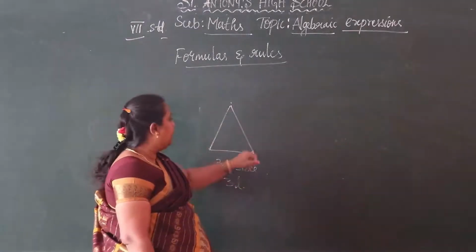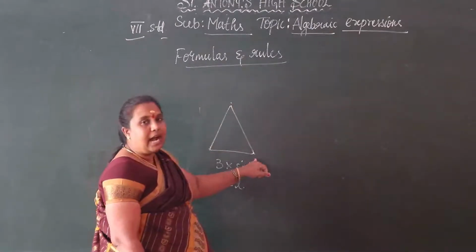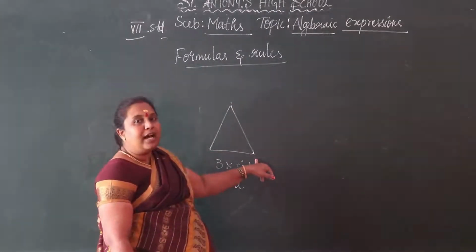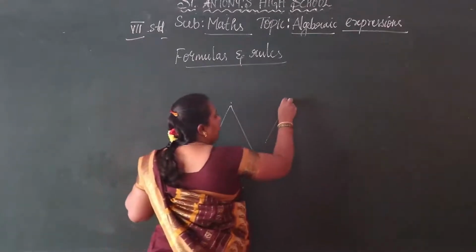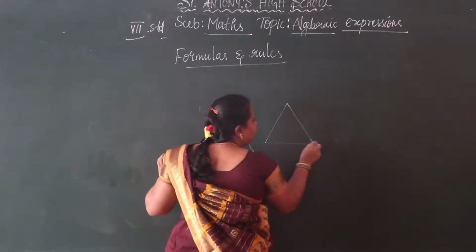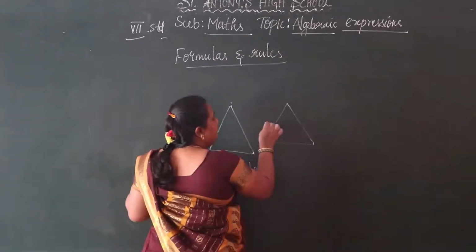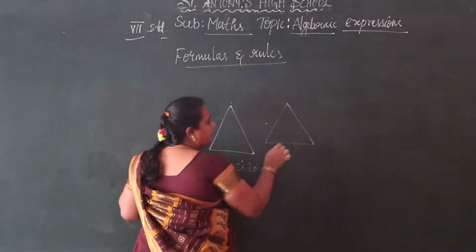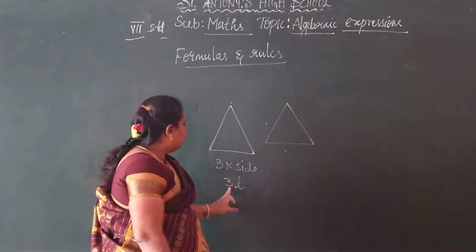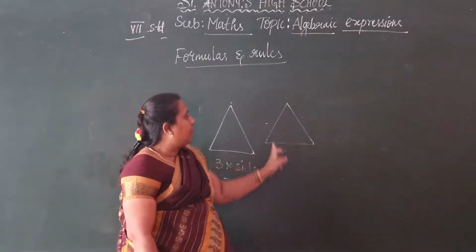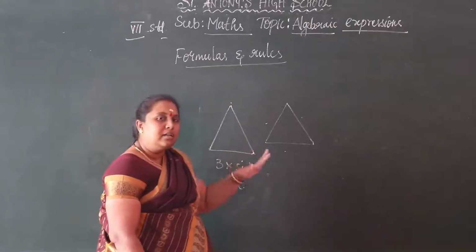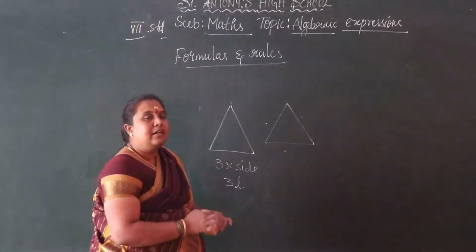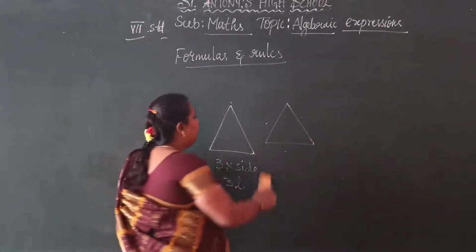So 3 lengths of a triangle we are adding. If we have an isosceles triangle also, two sides are equal and one side is different. So we are adding these two sides plus this side. So 1, 2 and 3, 3 times we are adding the length of the triangle. So we can say the perimeter of a triangle is 3L.